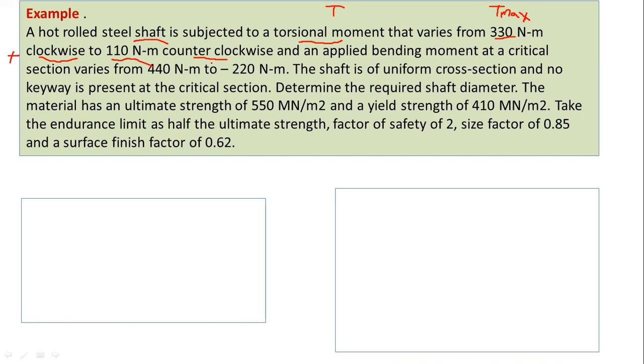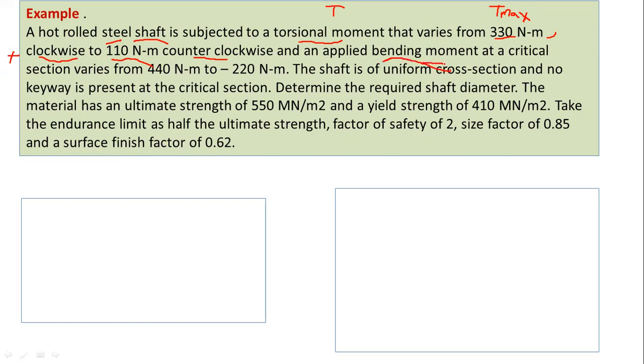So this is the minus 110 Newton meter. This is the minimum torque, and this is the maximum torque. For clockwise direction, you have to consider positive sign. For anti-clockwise direction, you have to consider negative sign. So in the question, maximum torque and minimum torque are given, and the bending moment is also given.